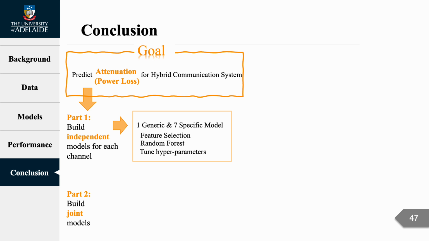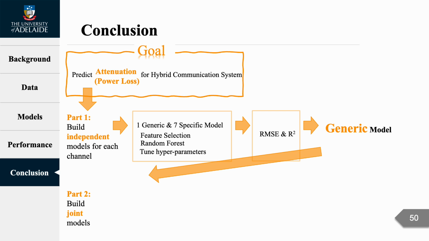We also included feature selection and hyperparameter tuning to optimize the model, based on the RMSE and R-square. While specific models showed slight advantages under certain extreme conditions, generic models proved more reliable overall and remained competitive across most weather scenarios.